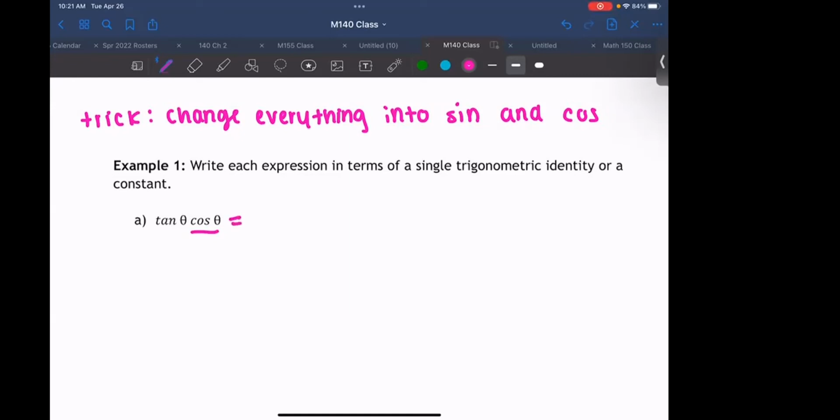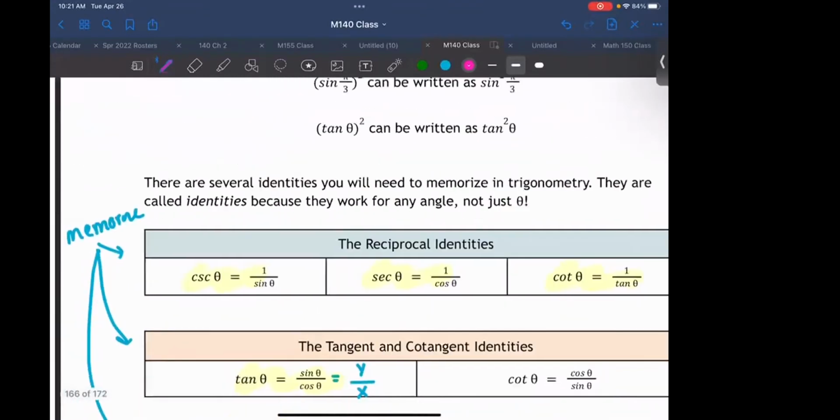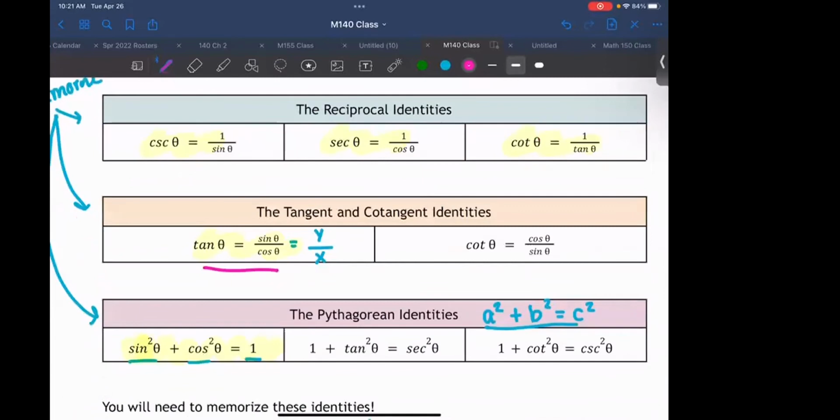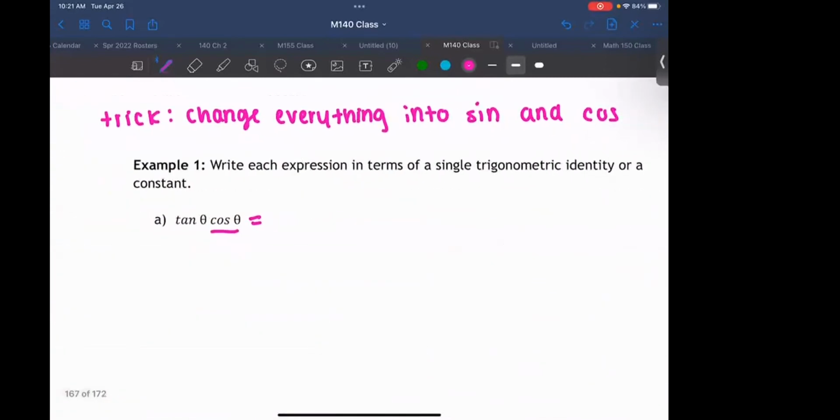Is there anything in the identities that changes tangent into sine and cosine? Sine over cosine, good, right? If we look at our identities, this one says tangent is sine over cosine. So why don't I change the tangent into sine theta over cosine theta? Okay, and since cosine is multiplied at the end, I'll just keep it there.